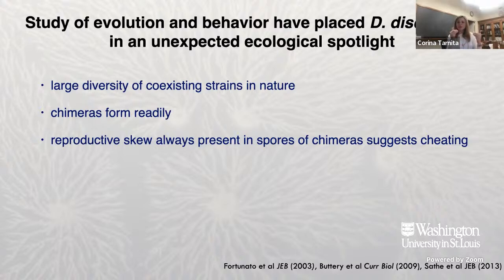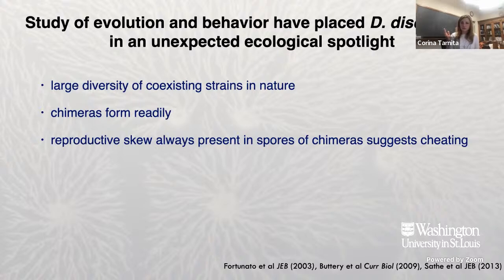When you bring them back to the lab and set up a very natural experiment to see whether you can find reproductive skew or not, you basically start with 50-50 cells of two different strains, and you let them aggregate. They are starving. You let them aggregate, and then you look at the spores and see whether you find 50-50 of each strain.